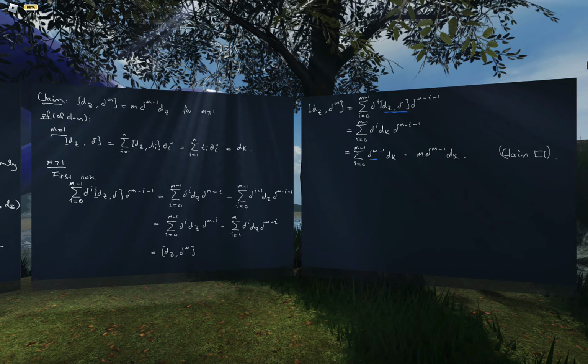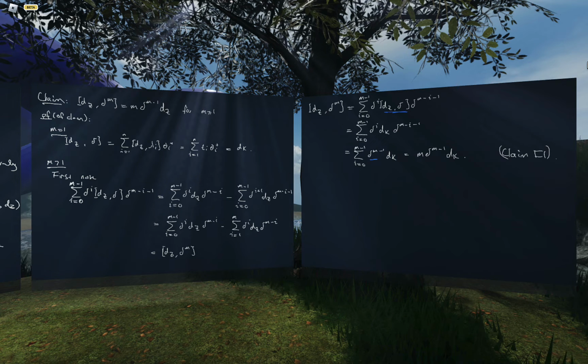Sorry, I'm wondering whether I stated the claim wrong. I think I stated the claim wrong, right? Because if we look in the m equals 1 case, so I'll go back and just correct on the previous board. Yeah, okay, this is good because this has come directly.